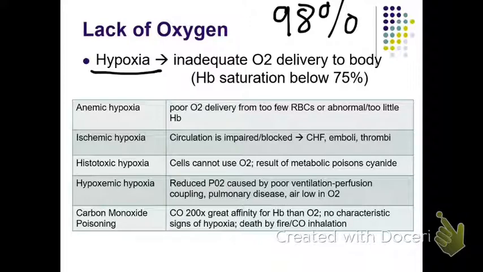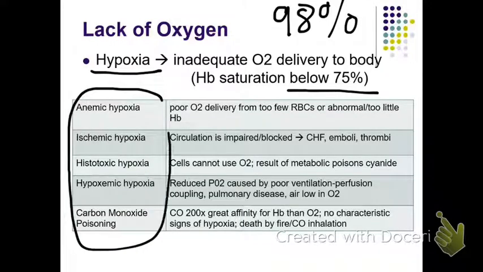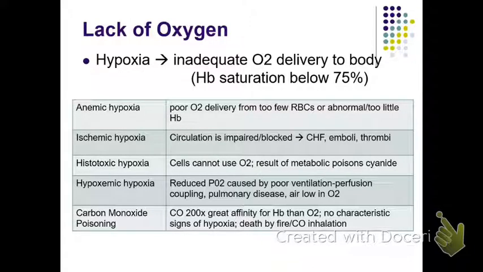However, when our O2 sats fall below 75%, this is when a person could be classified into these different types of hypoxia. And depending on the condition or what is being affected, you get these different titles of hypoxia. I won't bore you by reading these, but go through and take some time to look at the definitions of the different types of hypoxia.